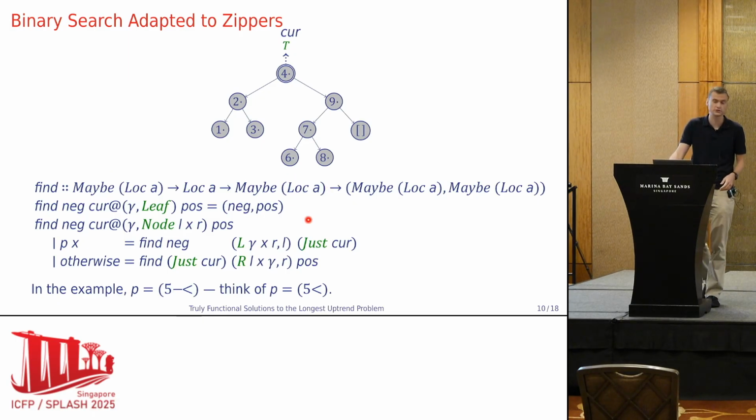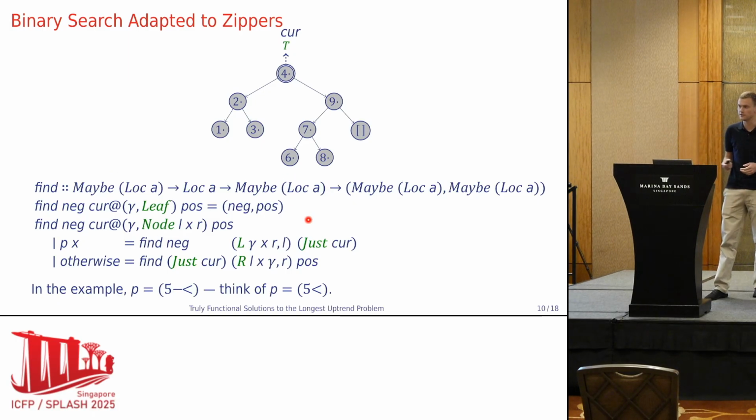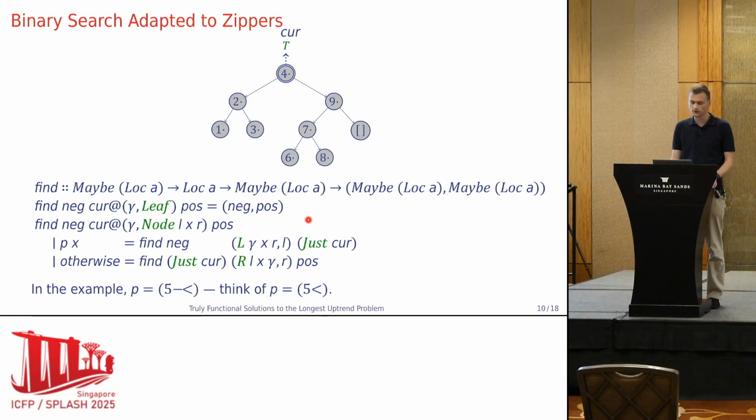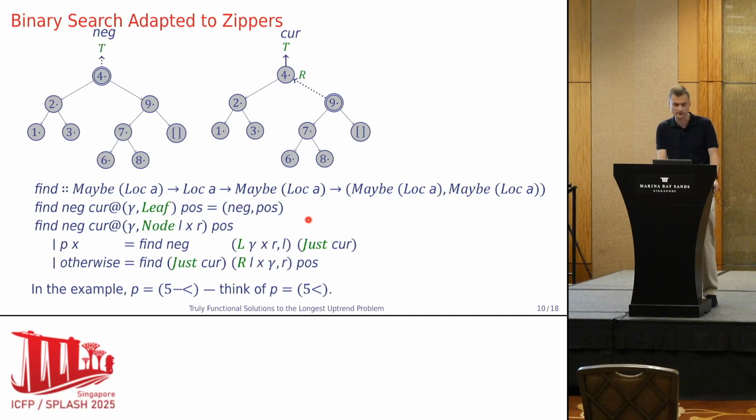And I forgot to mention why we are returning maybes: because the tipping point could be on the very far left or on the very far right, so we are using maybes for this.